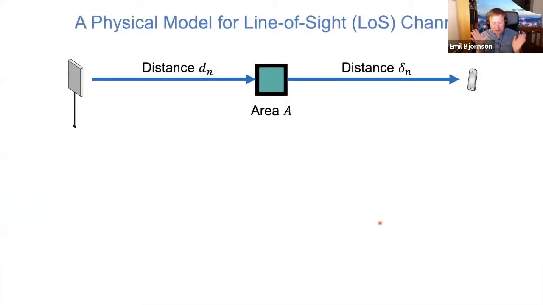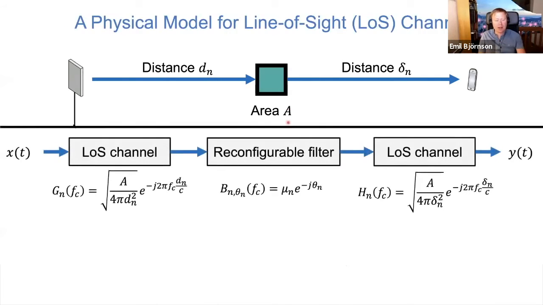So let's make it simple and consider a case where we have a line of sight channel from the transmitter to the element here and from this element to the receiver. The distance is d_n, and here is delta_n, and the area of this element is A. And then remember the first technical slide I had, where I was saying that this Friis propagation law says that the path loss or channel gain over a line of sight channel is the area of the receiver, A, divided by 4π, and then you take the distance, which is d_n squared here.